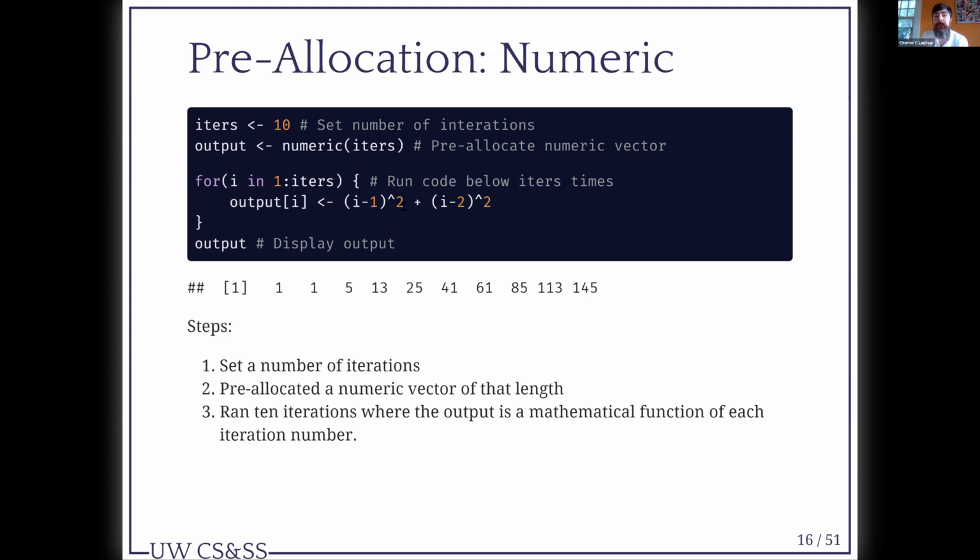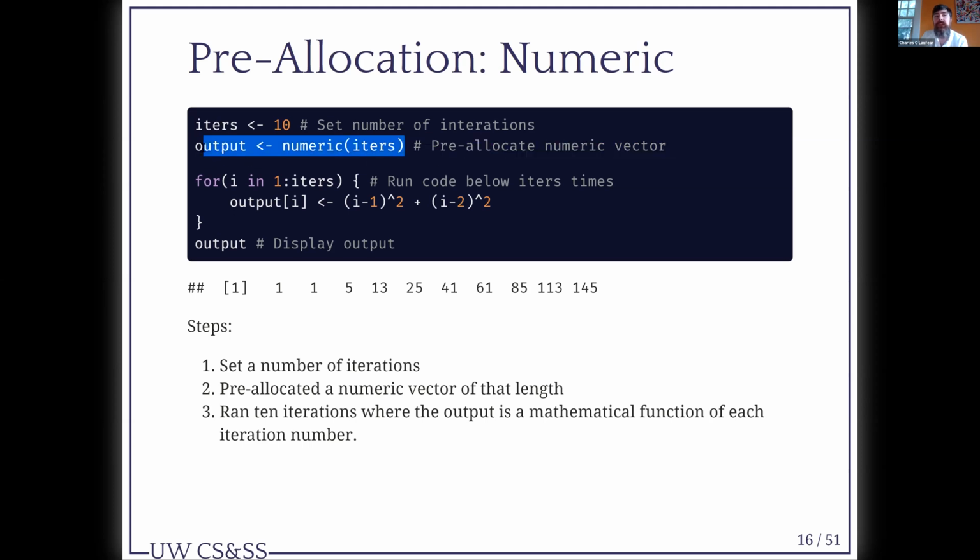Then we're just going to do some math, which is a mathematical series whose name I forget. It's just (i minus 1) squared plus (i minus 2) squared. I run this loop and I display the output, and the output now stores the result of the first iteration, second iteration, third, fourth, fifth, sixth, seventh, and so on. So this is what pre-allocation is all about.